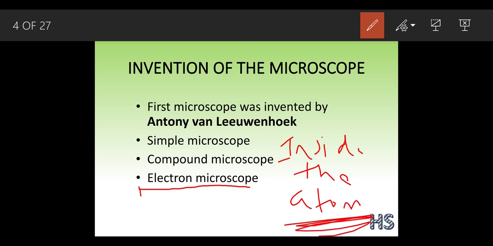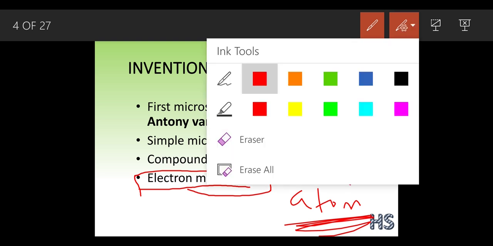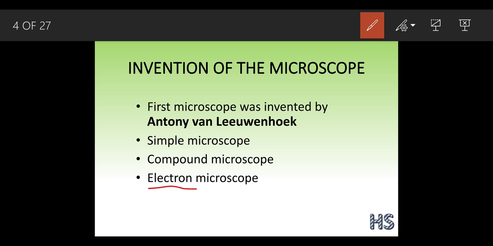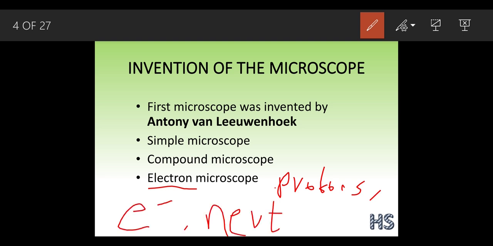So there was one more discovery in science, that is the electron microscope. It was used to see subatomic particles, that is protons, electrons and neutrons.